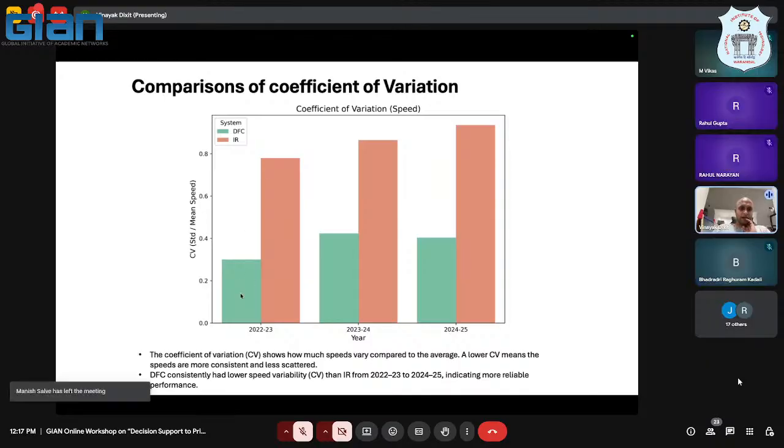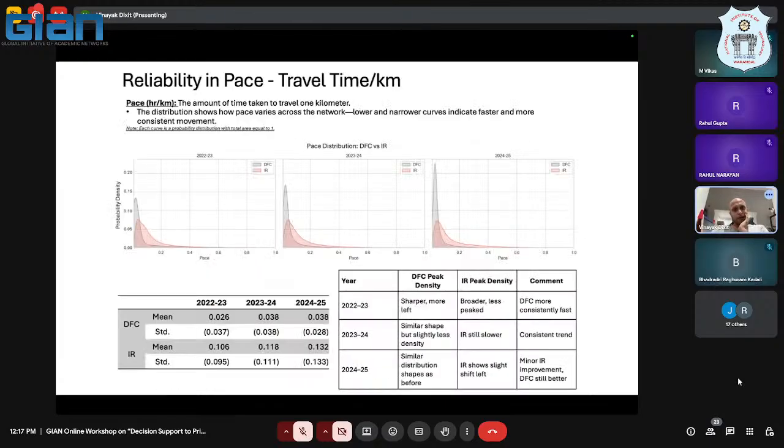If you look at DFC versus IR, the coefficient of variation is quite low compared to IR. So the standard deviation is low, but the mean speeds are high. That's why this is lower than the IR, the Indian Railways. These are some of the statistics which you would generally evaluate and compare.